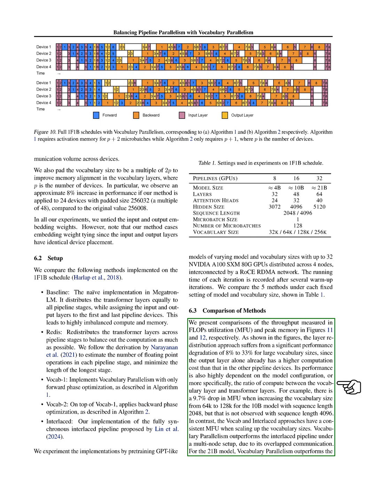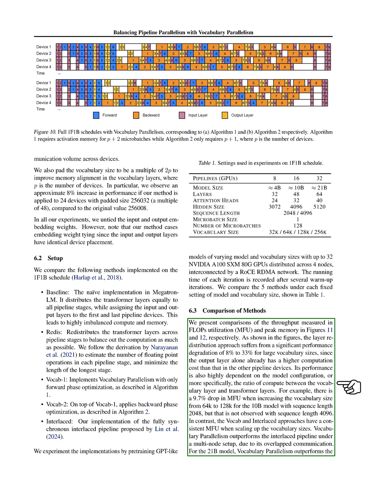For instance, we see a 9.7% decrease in utilization when increasing the vocabulary size from 64,000 to 128,000 for a 10 billion parameter model with a sequence length of 2048, but this drop is not present with a sequence length of 4096. In contrast, the vocab and interlaced approaches maintain consistent utilization as vocabulary sizes increase.